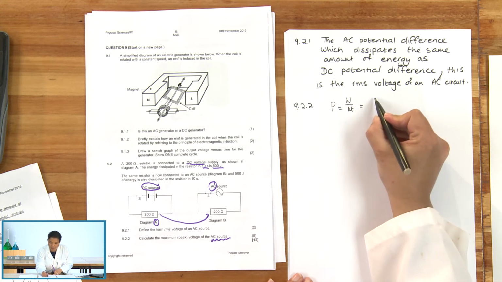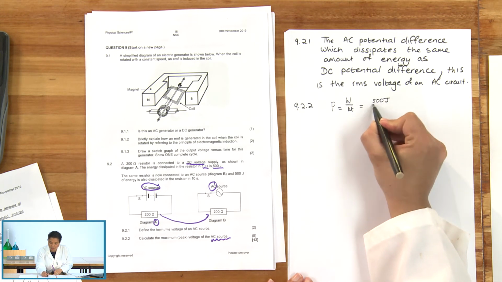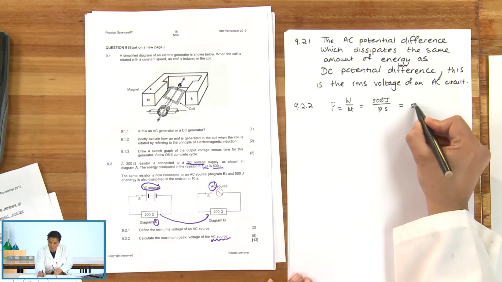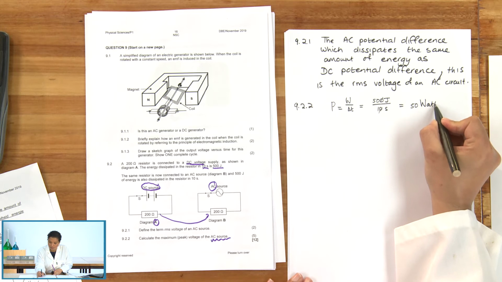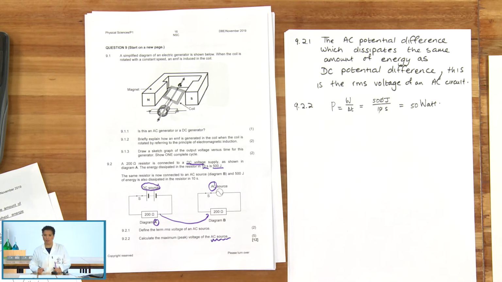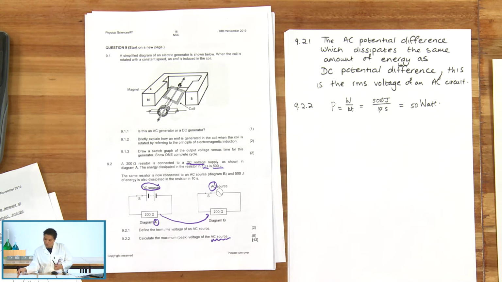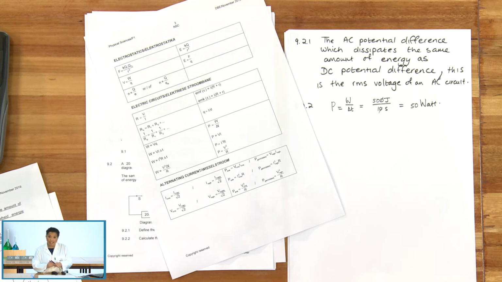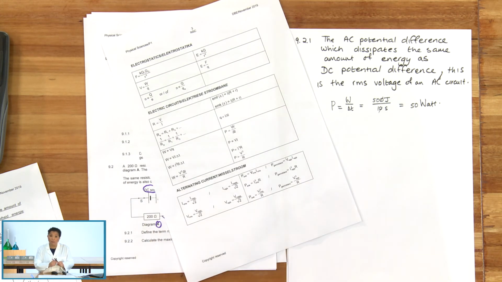And so that equals 500 joules divided by 10 seconds, which equals 50 watt. We can write it 50 W, okay? That's a start.